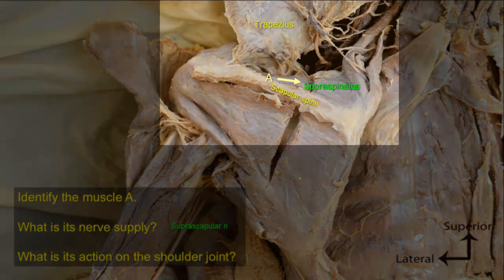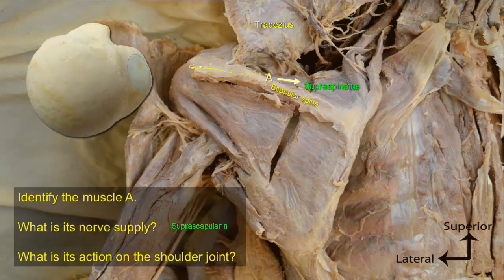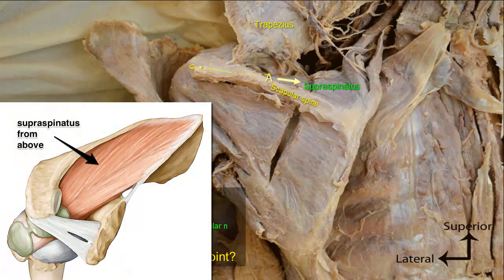Trapezius has been reflected up here, and the supraspinatus tendon passes laterally here till it reaches the upper facet on the greater tubercle of the humerus. During this passage, it passes beneath the coracoacromial ligament above the shoulder joint.